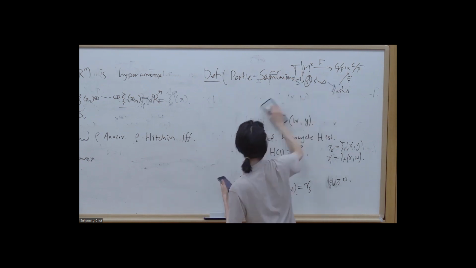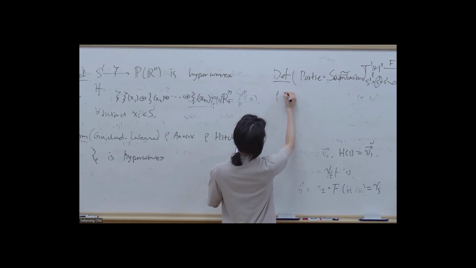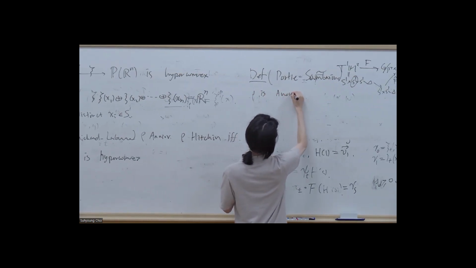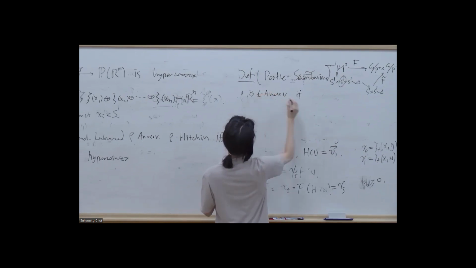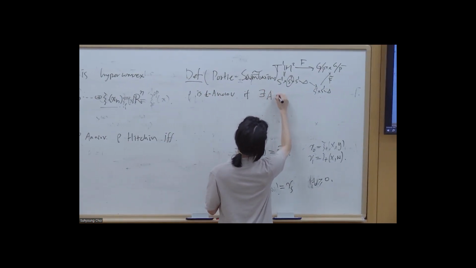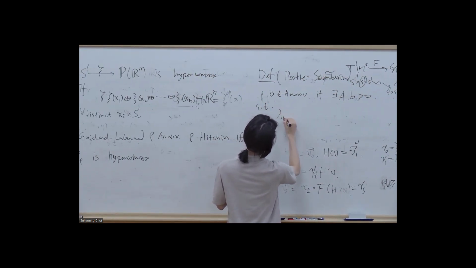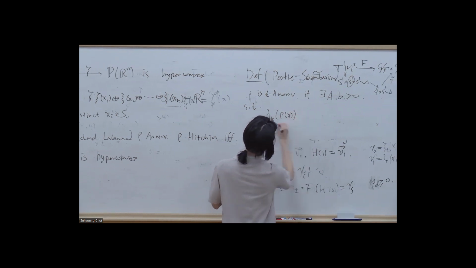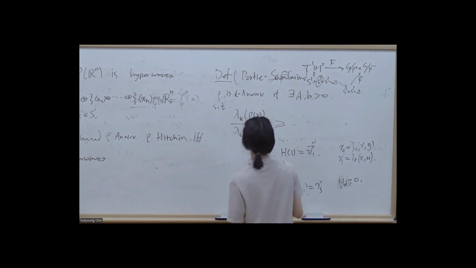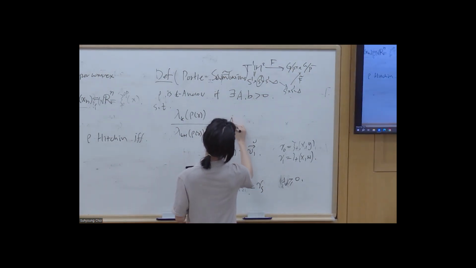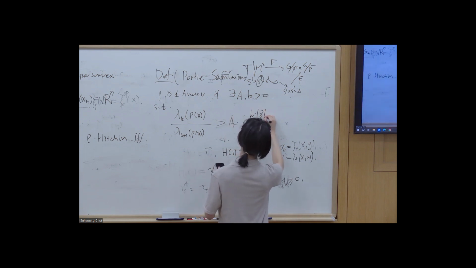A representation is k-Anosov if there exist constants A and B such that the kth eigenvalue over the (k+1)th eigenvalue is bounded from below by a constant times exponential of B times the word length of your group element.